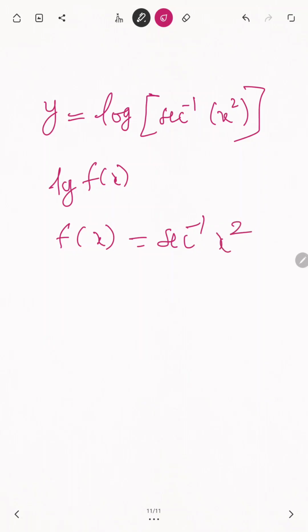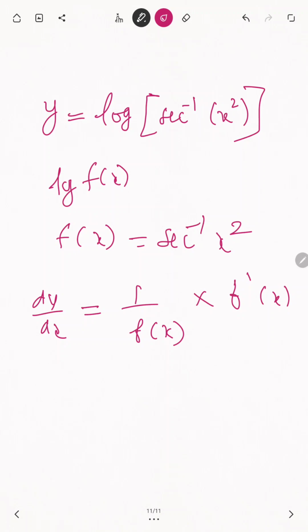Fine. Then what is the differential of this function? Dy by dx. Since it is a log function, how to write? 1 by f of x into f dash x. F dash means derivative of f of x. So, what is f of x?